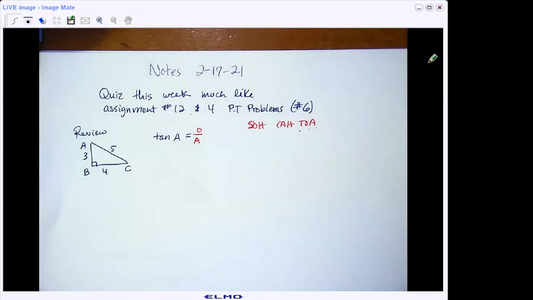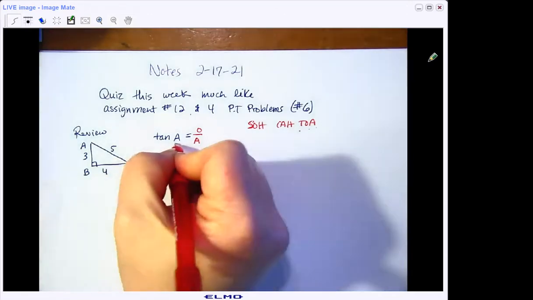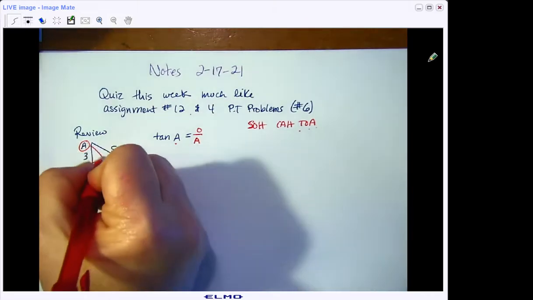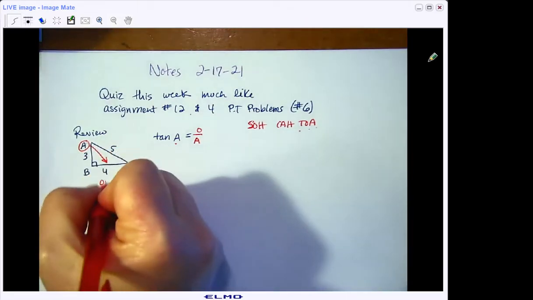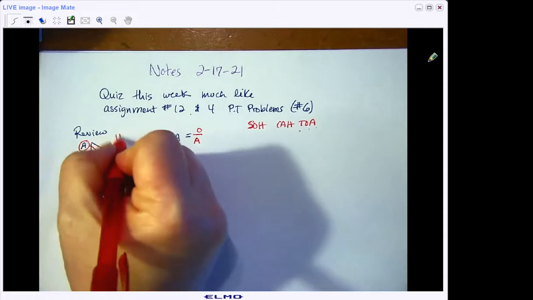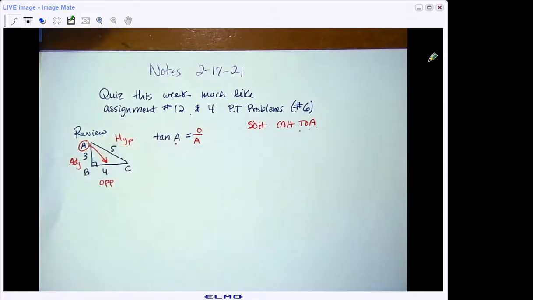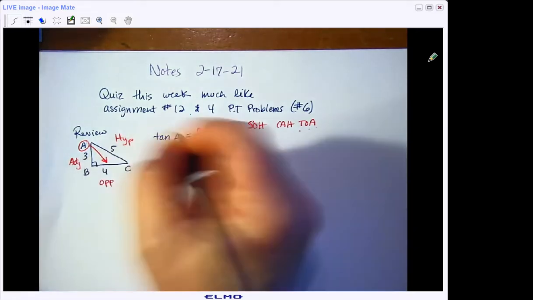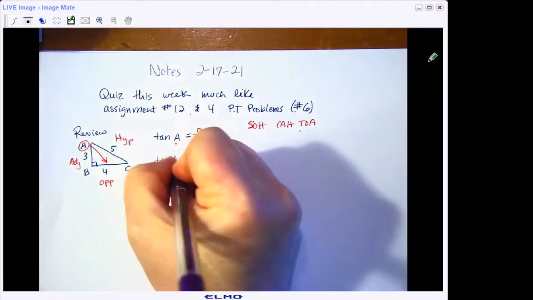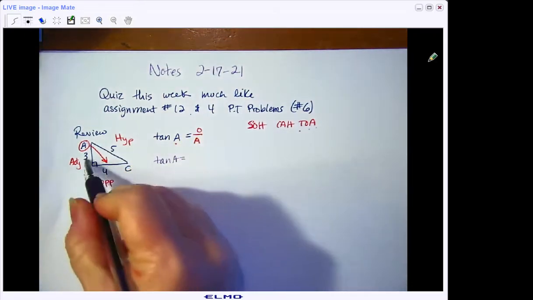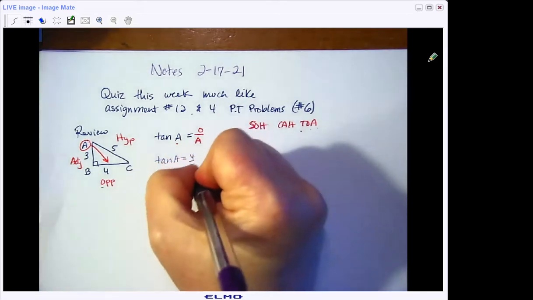So labeling your triangle, angle A, across from that is your opposite, hypotenuse, and adjacent. So your answer would simply be the tangent of A is equal to your opposite over adjacent, so 4 over 3, and you're done.